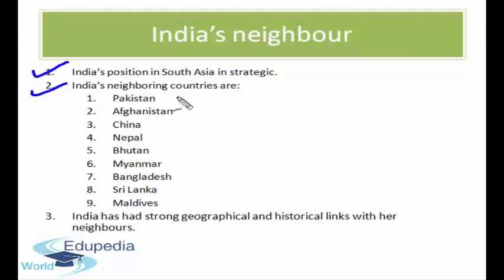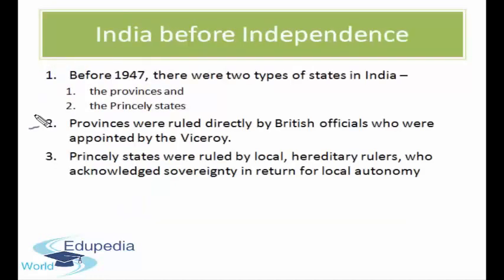Now talking about inside India, we have 29 states and 7 union territories. The latest state that was created, which is also the 29th state, is the state of Telangana, which was formed on 2nd June 2014. Now just for general information, just remember this. Before 1947, that is independence, there were 2 types of states in India.